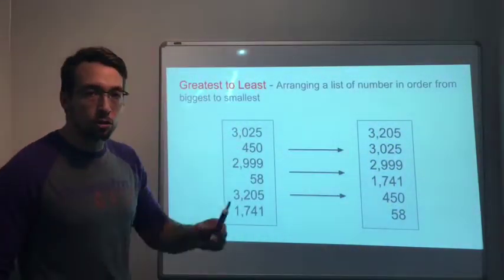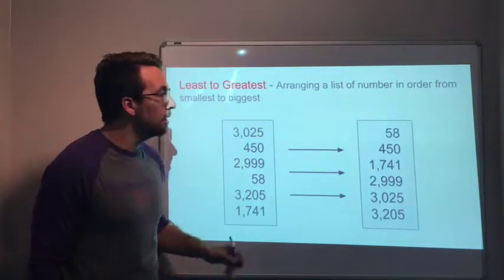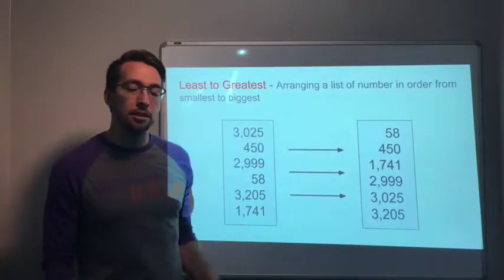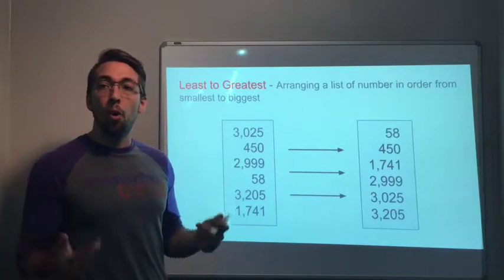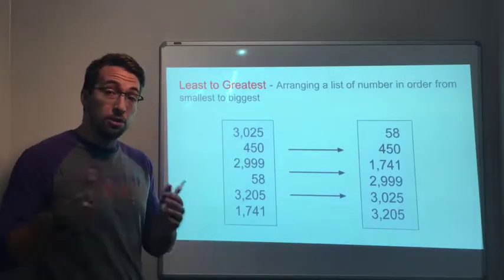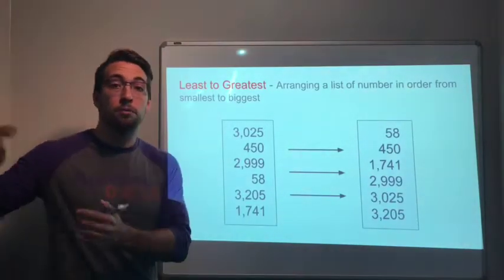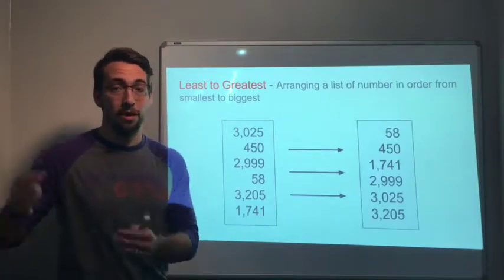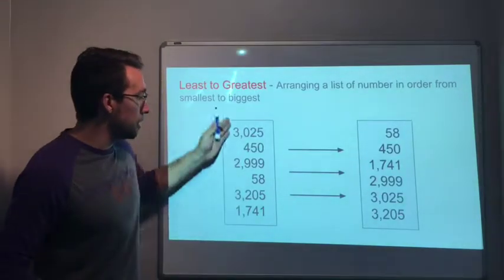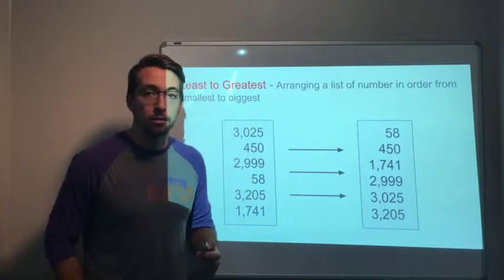So similar to greatest to least, but opposite, is least to greatest. When you arrange a list of numbers in order from smallest to biggest, from fewest to most, from least to greatest, this same number list is now backwards.